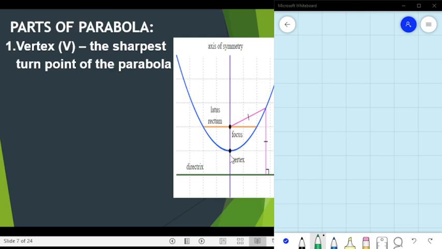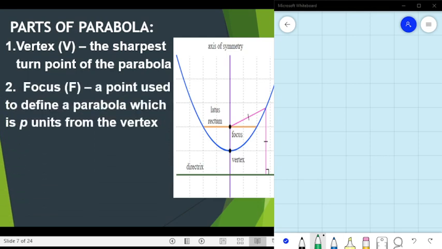If the parabola is opening downward, then the vertex is your maximum point, the highest point among all the points on the parabola. To the right or to the left, you can't consider it as such, but it is the sharpest turn point, where your parabola turns. Okay?